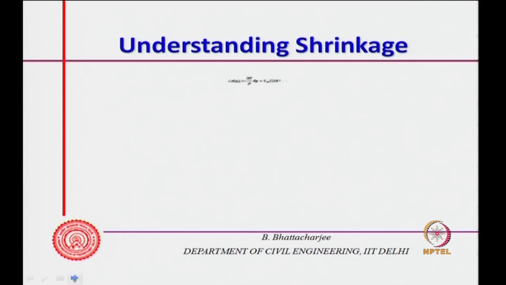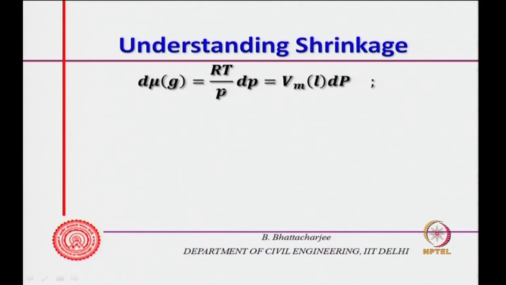Now, vapor can be thought of as an ideal gas. Therefore, V m can be written as R T by P for 1 mole. So, d mu g can be written as R T by P d P, and that must equal V m L P. Capital P stands for the pressure that you applied to the liquid. This is the partial vapor pressure of the vapor.